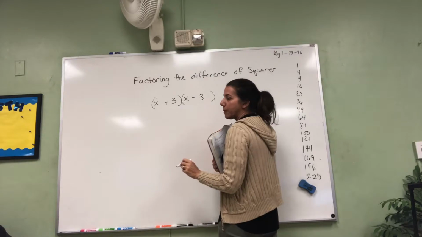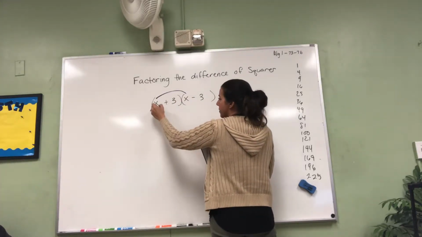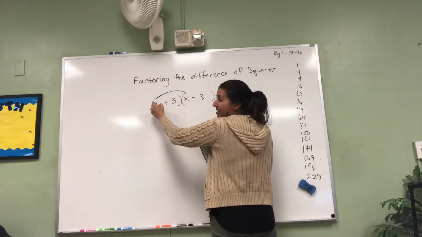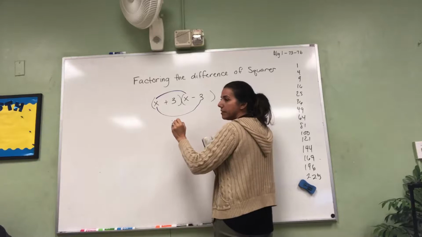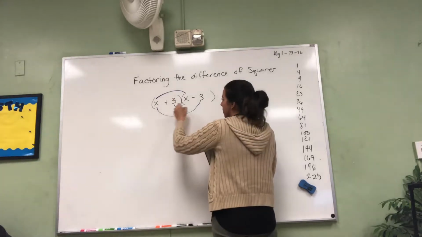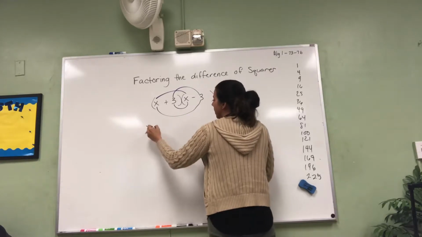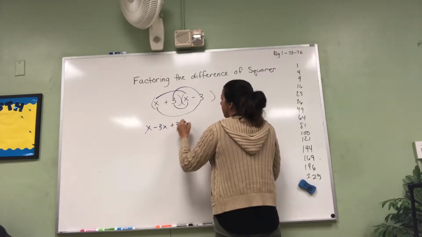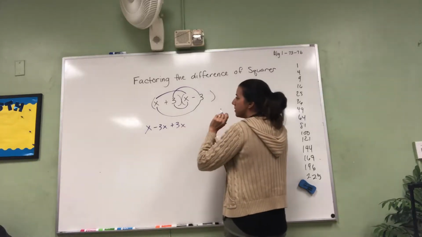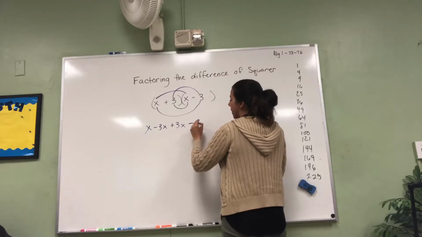Multiply x times x, and x times negative 3, and then 3 times x, 3 times negative 3. So we would get x squared minus 3x plus 3x plus 3 times negative 3, minus 9.